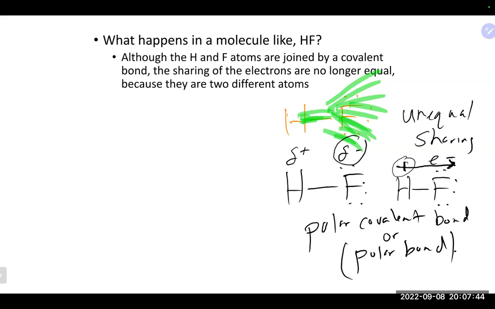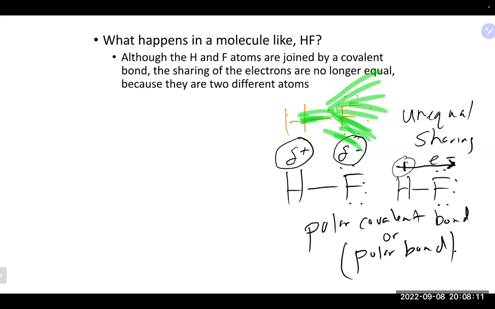Why are these guys only partially positive or partially negatively charged? Well, part of that's right is because it is still being shared. Because this is a covalent bond, it is still being shared. It has not completely transferred from one to the other like we see in an ionic bond.